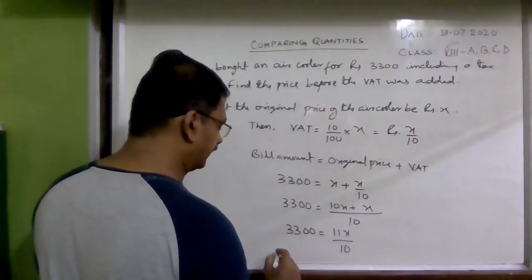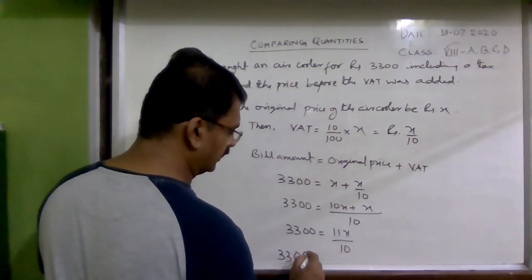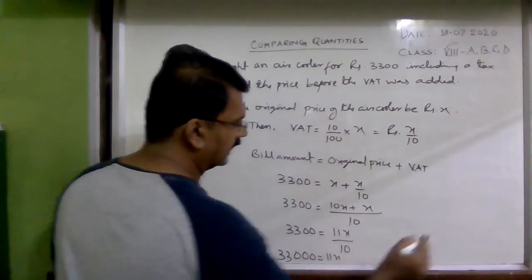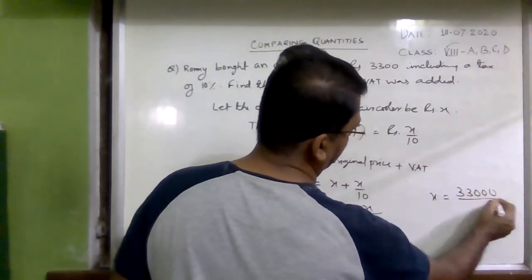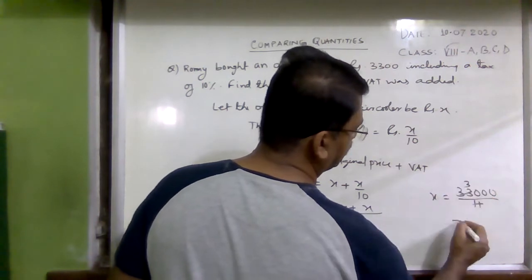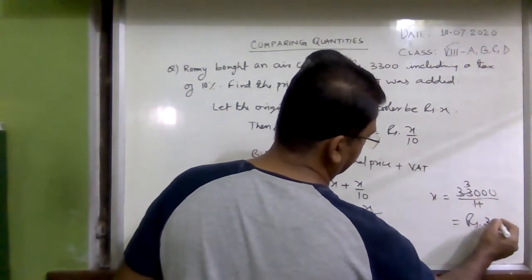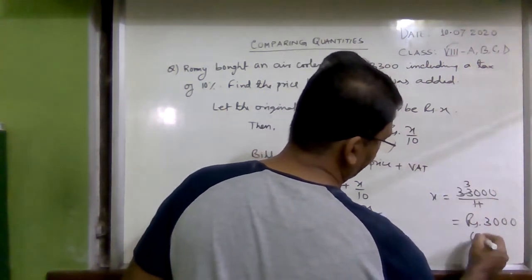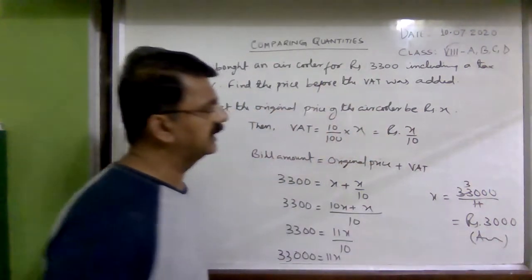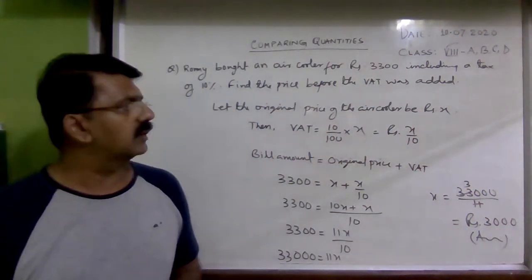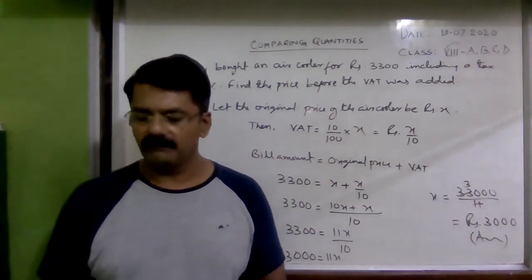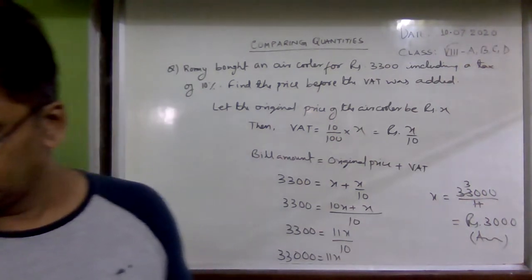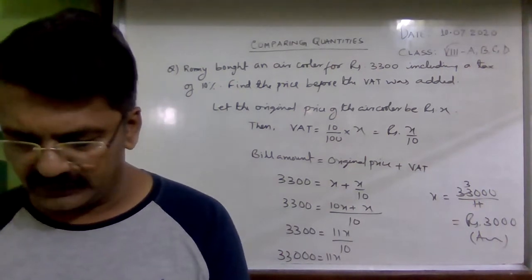If you cross multiply by 10, 33000 is equal to 11x. Then x will be equal to 33000 upon 11, and that is rupees 3000. And that is your answer. So the price of the air cooler before the VAT was added is rupees 3000. Clear? So we'll do a few more examples.